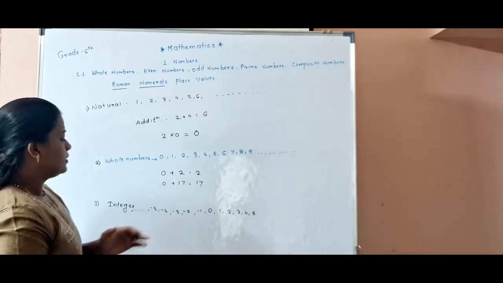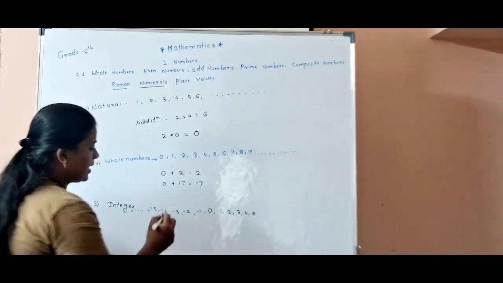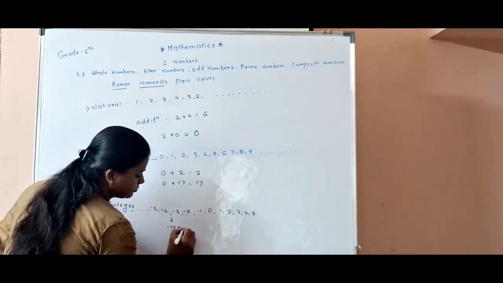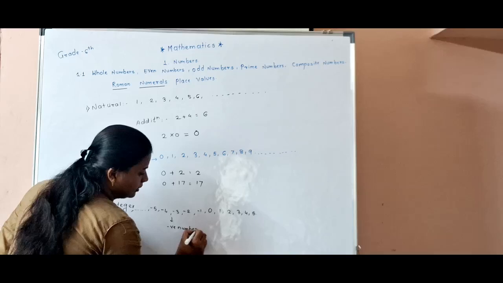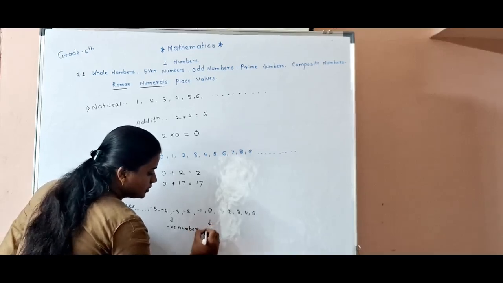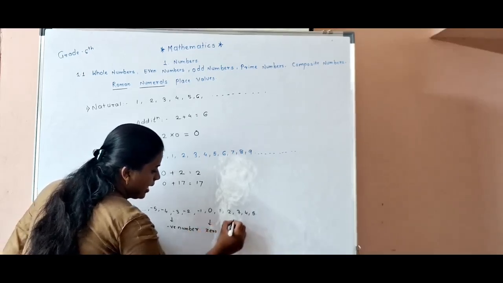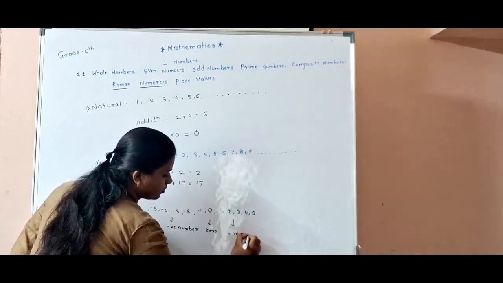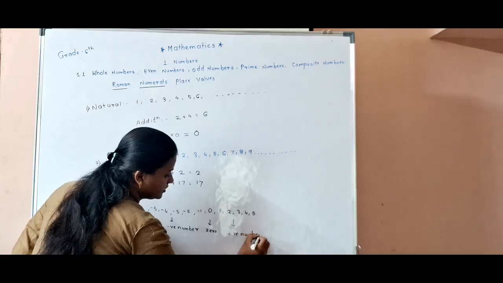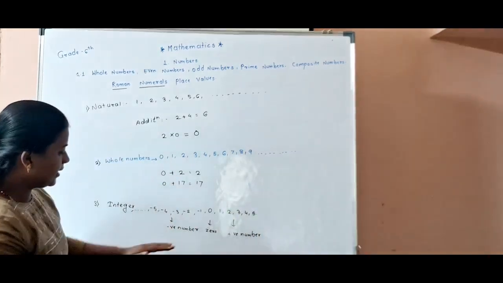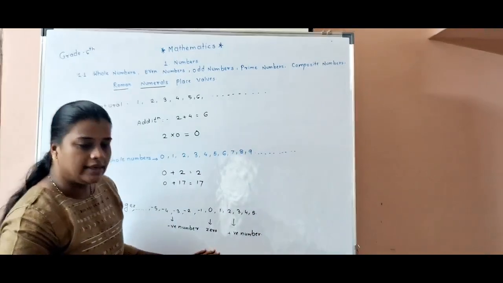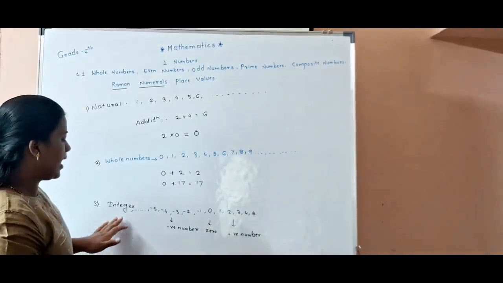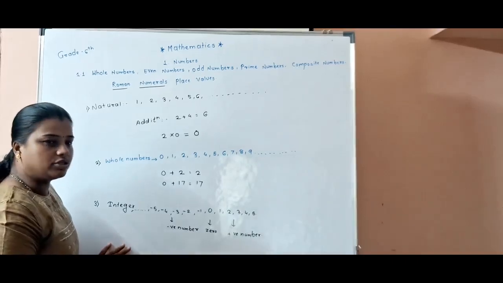These are called negative integers, negative numbers. Negative numbers, 0 and positive numbers together are called integers.